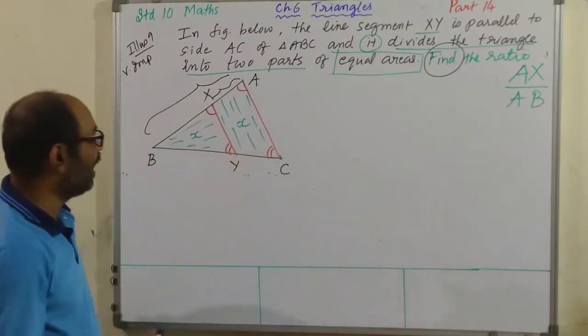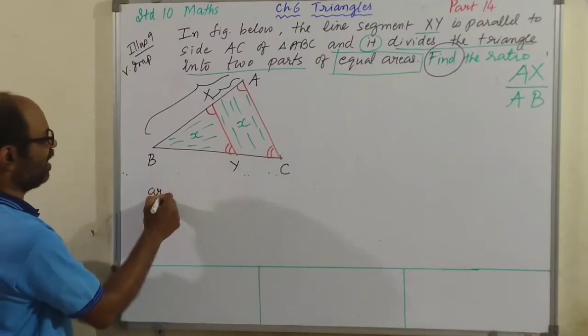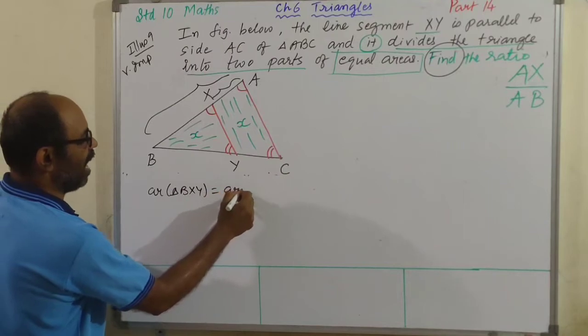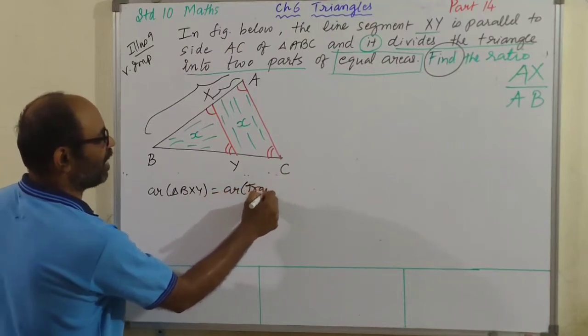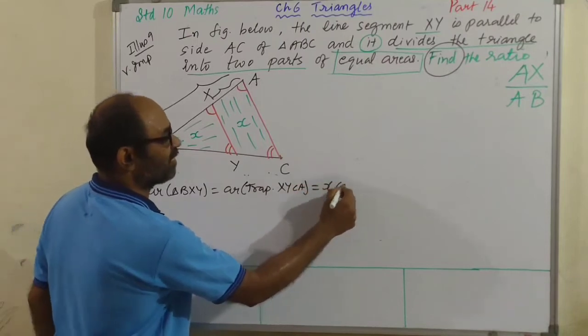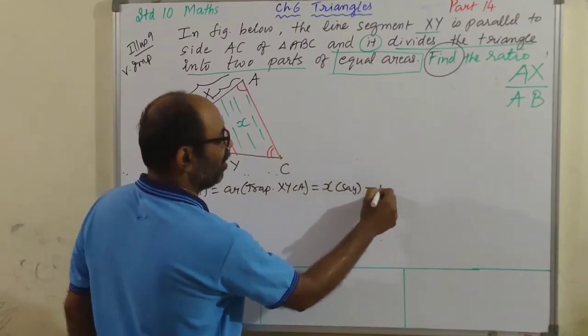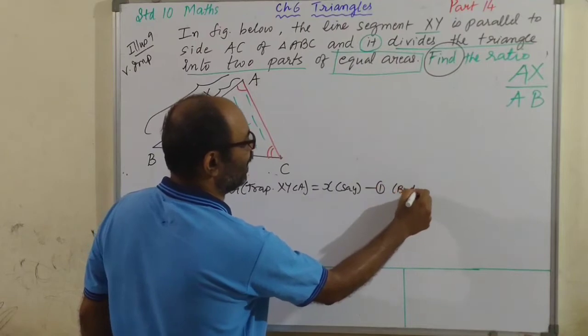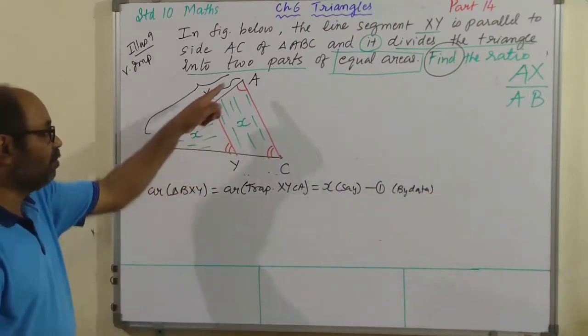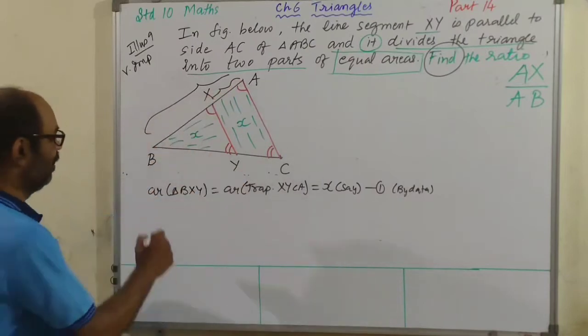But before that, area of triangle BXY is equal to area of trapezium XYCA, which is equal to X, say. Result 1, and by data. Got it, children? By data, the areas are equal. So let me find out area of triangle ABC.